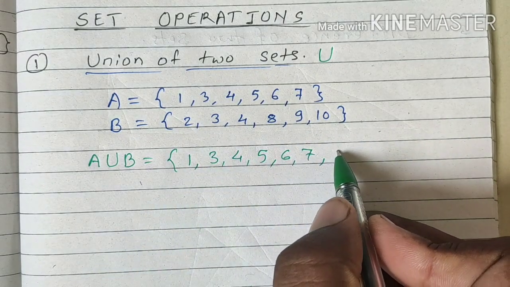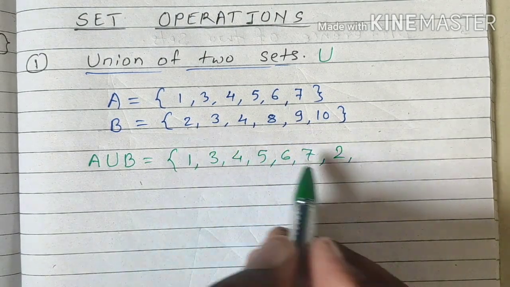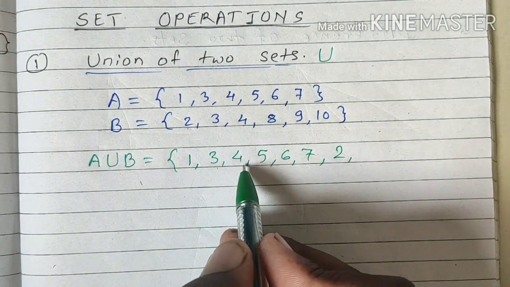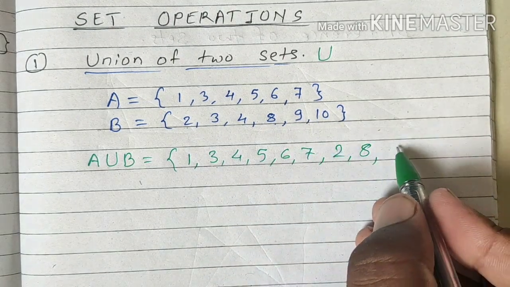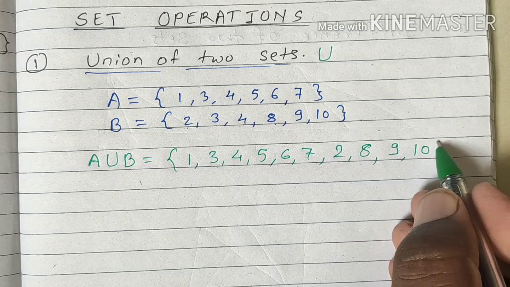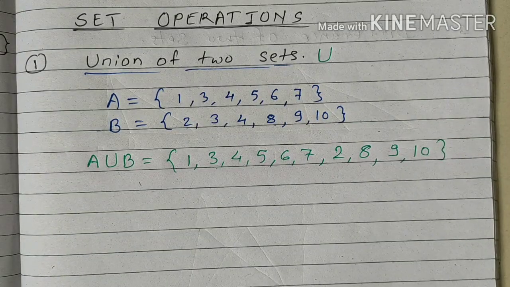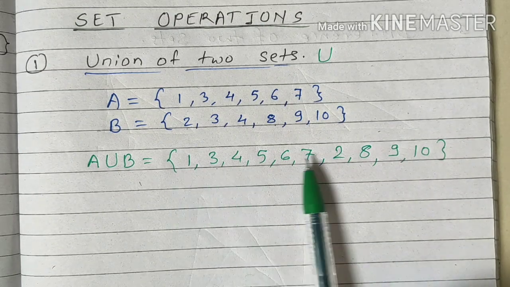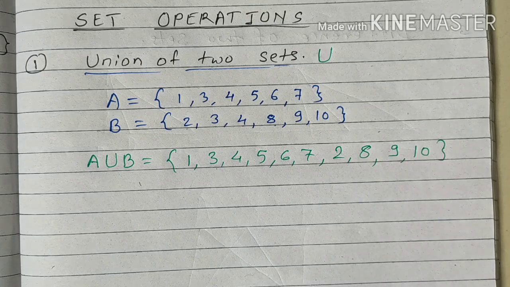Next is 2. Write the elements of B now: 2, 3 is already here, 4 is here, 8, then 9 and 10. This is A union B. Or if you want, you can also write it in proper order, like 1, 2, 3, 4, 5, 6 up to 10.